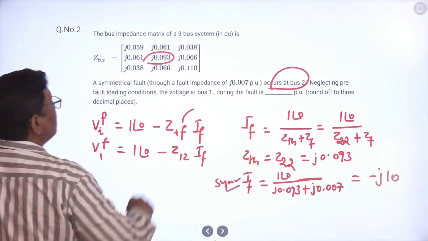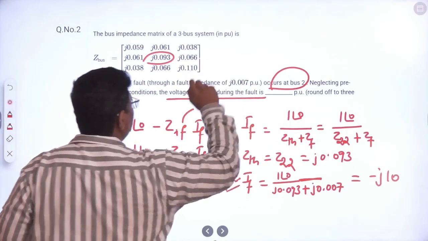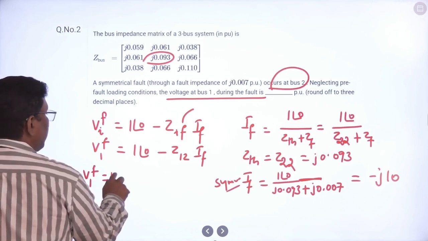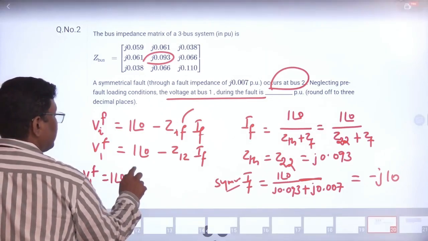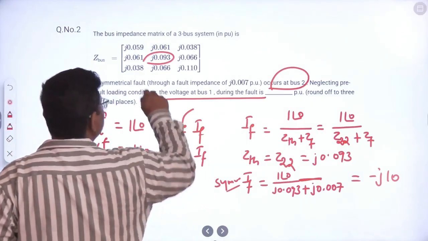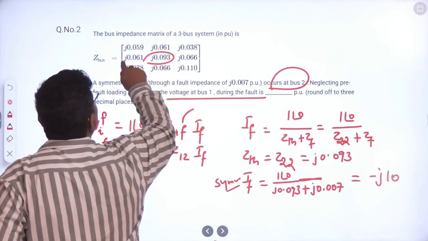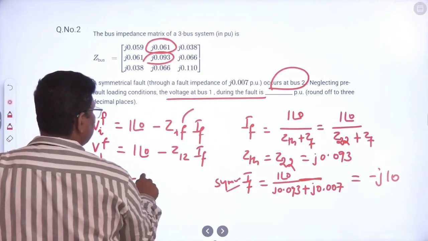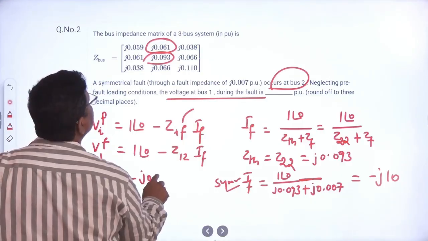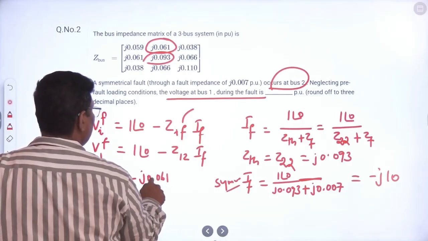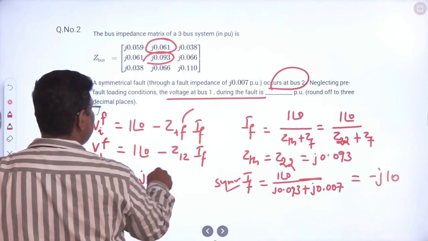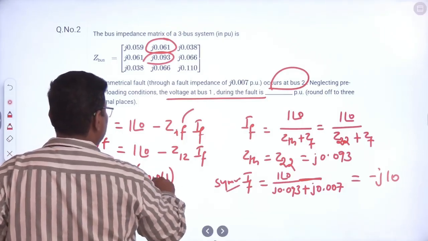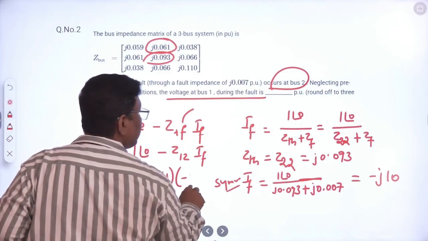Okay, now find the voltage at bus number 1 during the fault. So V1F is equal to 1∠0° minus Z12. Take the matrix value, so this is the Z12 value, j0.061, into I_F, which is minus j10.